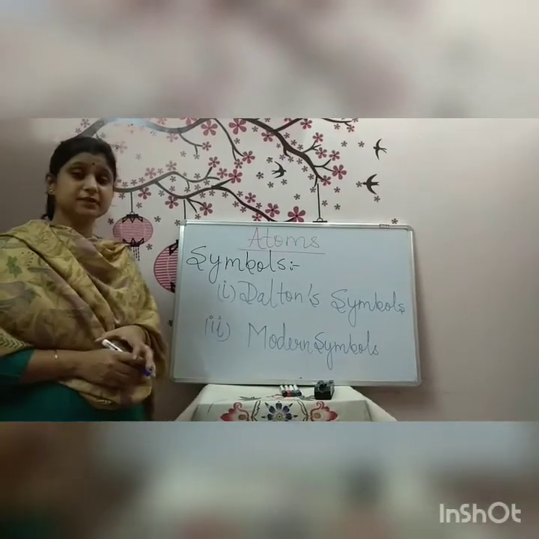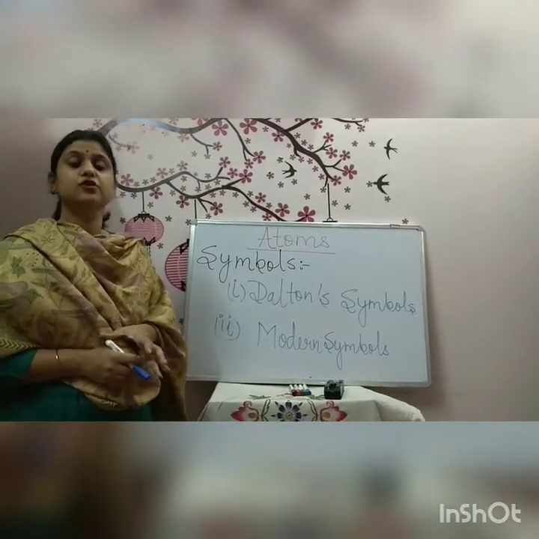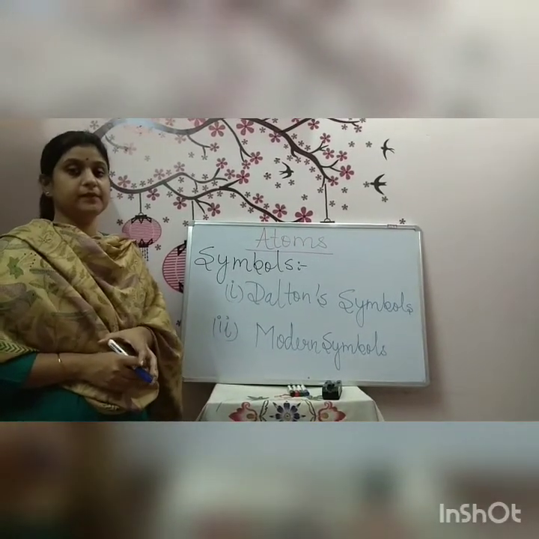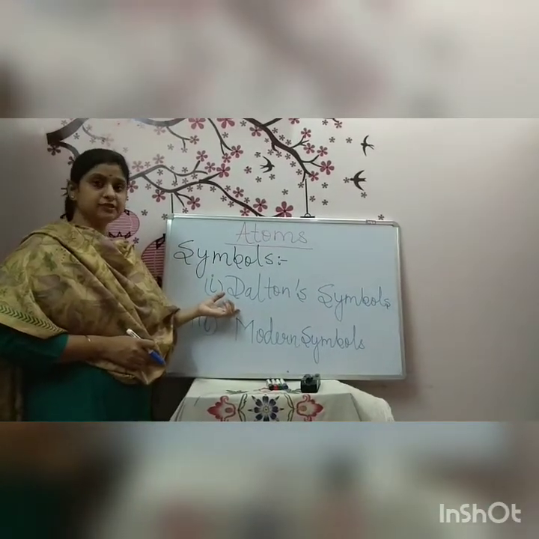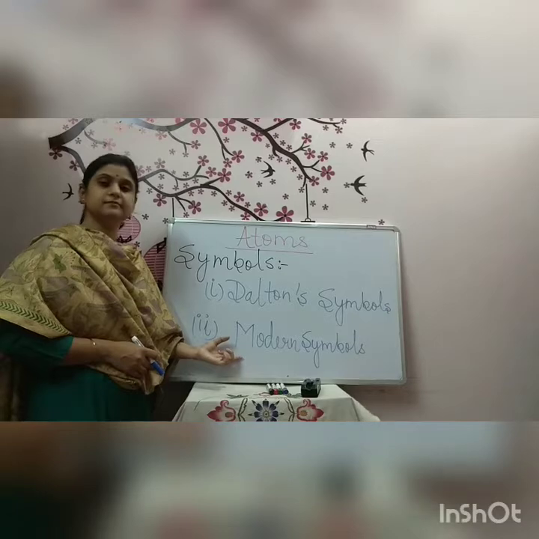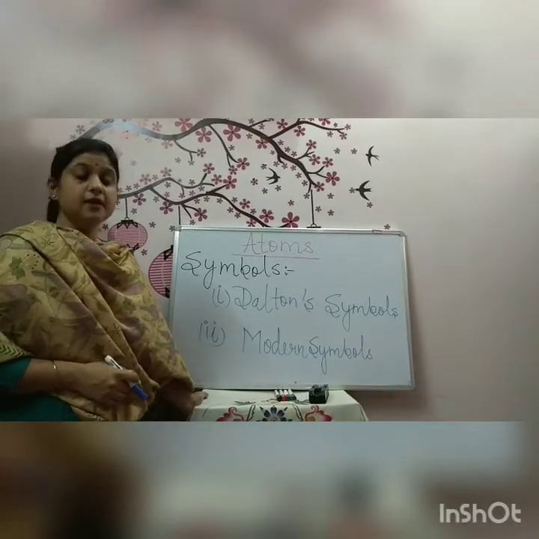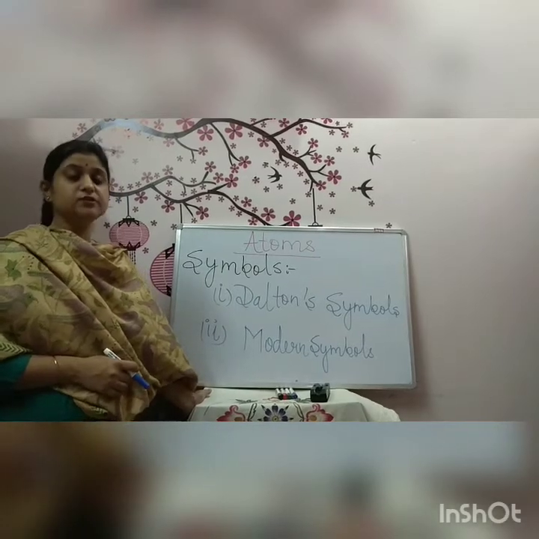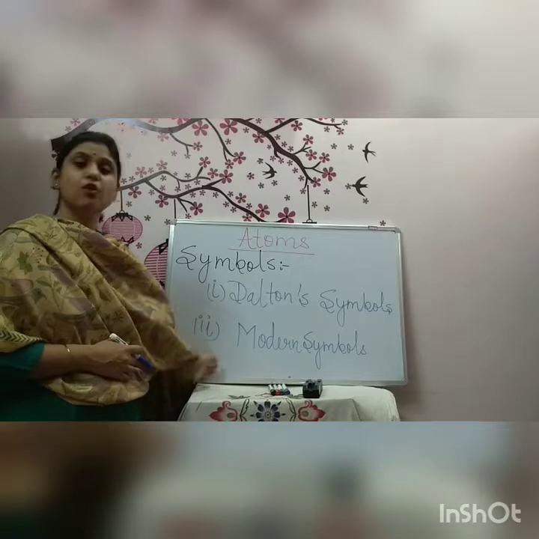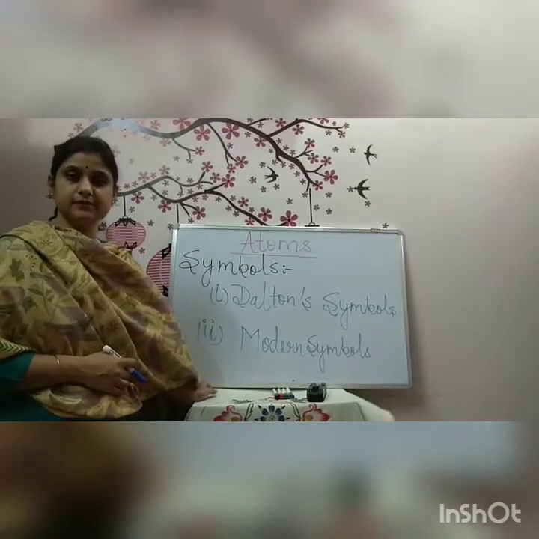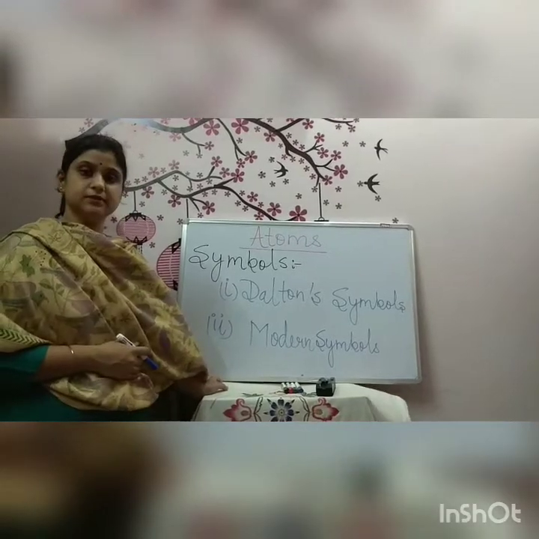But these symbols given by Dalton were a little bit confusing and were not adopted at all. But the idea of symbols led to the discovery of modern symbols, which we use in today's life. The symbols of different elements we know today are known as modern symbols of elements. Let's have a look at some of the symbols.